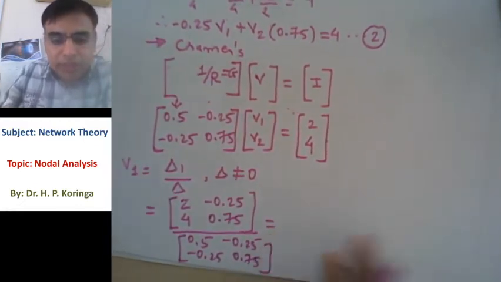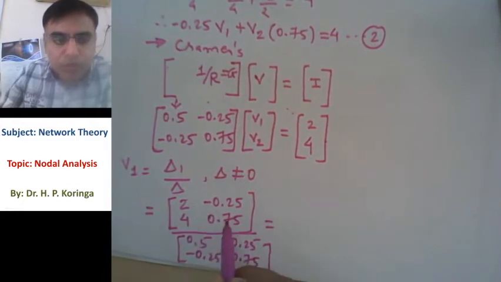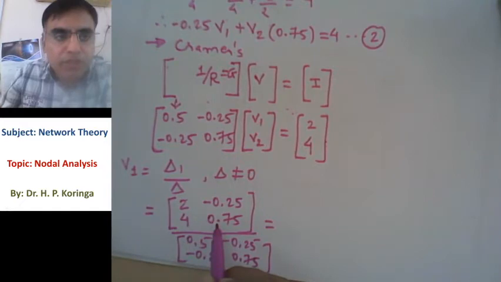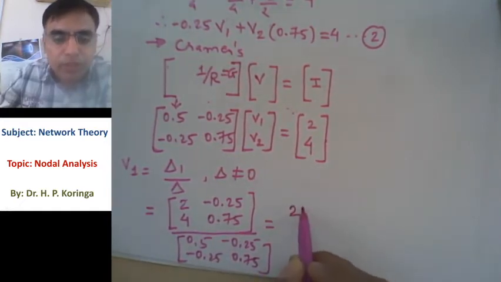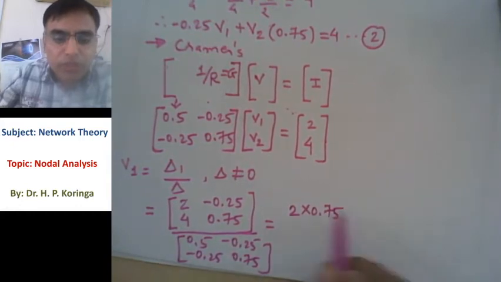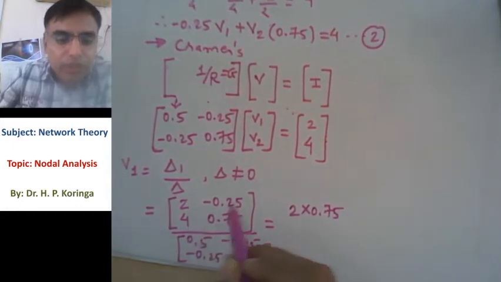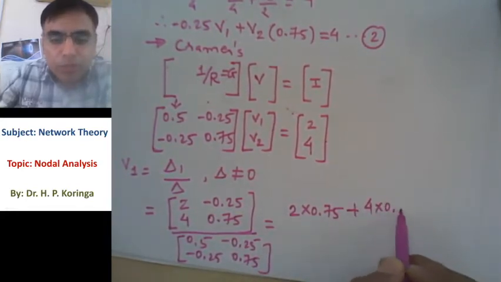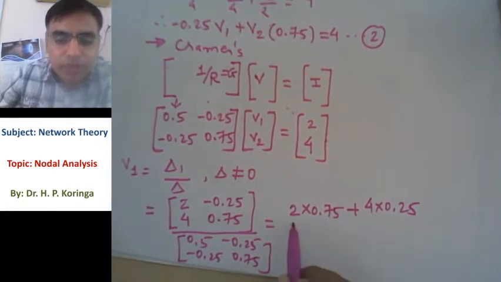Let me find the determinant of the numerator matrix. 2 multiplied by 0.75, then minus 4 multiplied by 0.25. This is the delta 1, divided by delta.